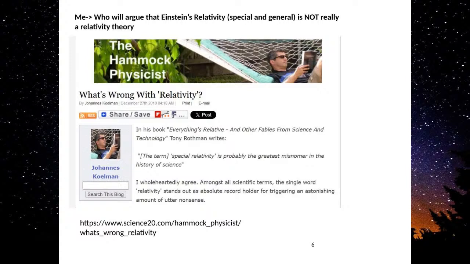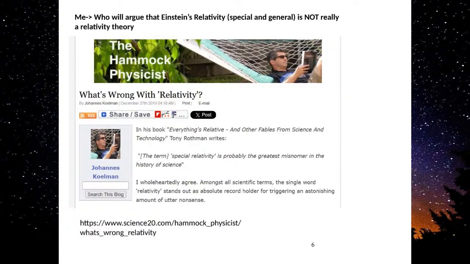In his little article here, he says, what's wrong with relativity? He's pointing out the term special relativity is probably the greatest misnomer in the history of science. And basically what it means is Einstein's relativity is called a relativity theory, but that is a misnomer.